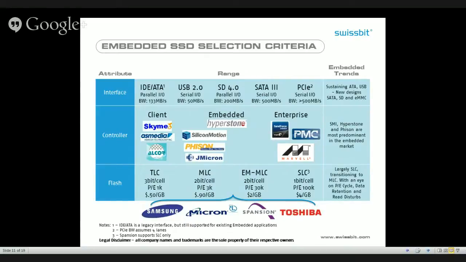And EMLC is the same MLC but tailored for the enterprise market, where the PE cycles are driven up to 30K. And then on the very end is the SLC, which is a single bit per cell. The PE cycles are an order of magnitude larger at 100K, and the price that goes along with that is higher. The key suppliers for these NAND flash today are Samsung, Micron, Spansion, and Toshiba.